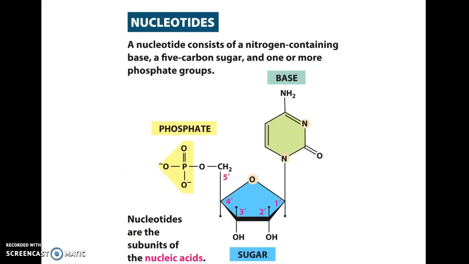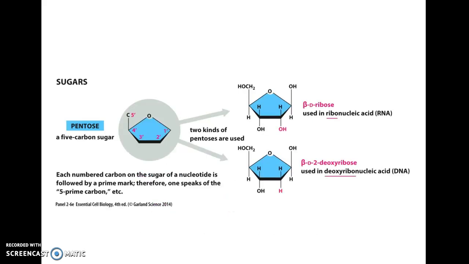The sugar can be either ribose or deoxyribose, where one of the OHs is gone. They can hook up to each other to create DNA or RNA, respectively.